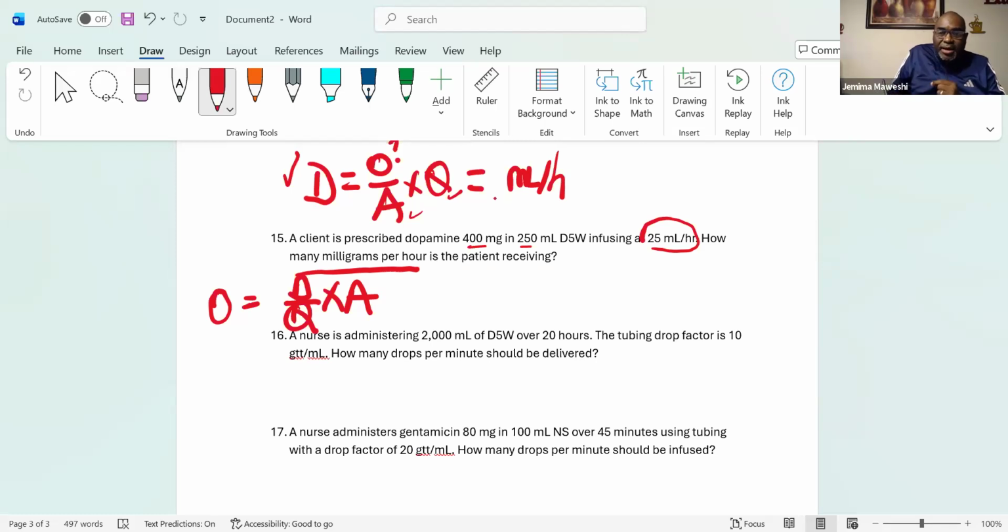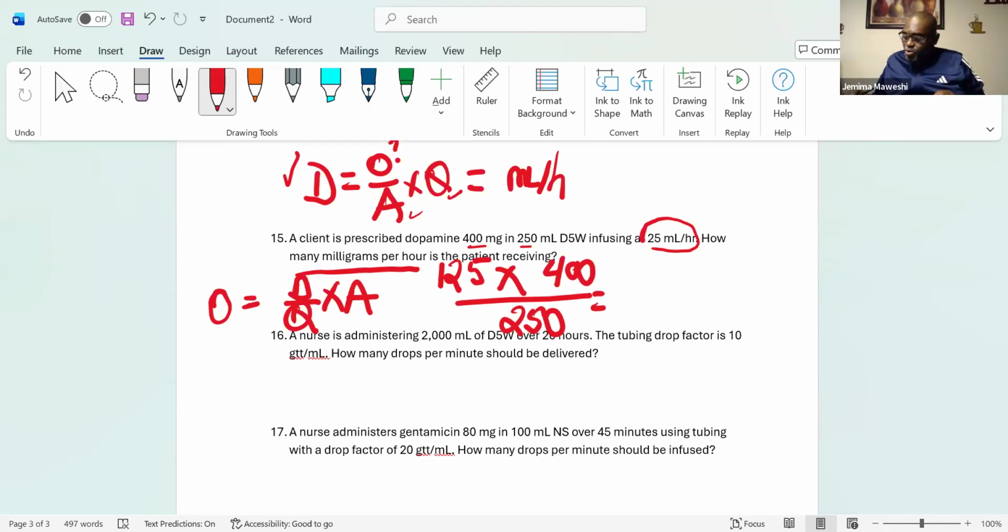So in this case, remember we say infusion rate is the same thing as pump rate, milliliter per hour, or flow rate, all dosage. So this milliliter per hour is your dosage, 125 right there. I'm going to multiply by available, which is 400. Now I'm going to divide it by my quantity, which is 250.